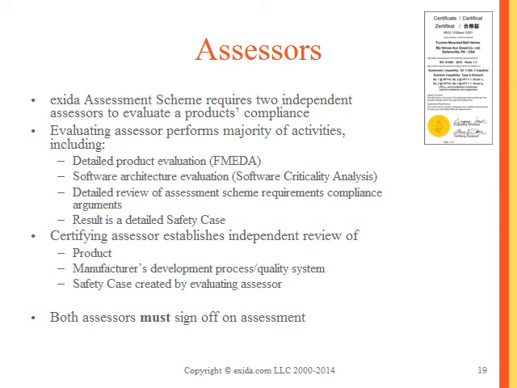That person may be doing a detailed product evaluation through a failure mode effect and diagnostic analysis. That person may be doing a software architecture evaluation by means of a software criticality analysis. He may be involved in the software HAZOP, where you look at the safety measures implemented in the software process or the software development of the product.